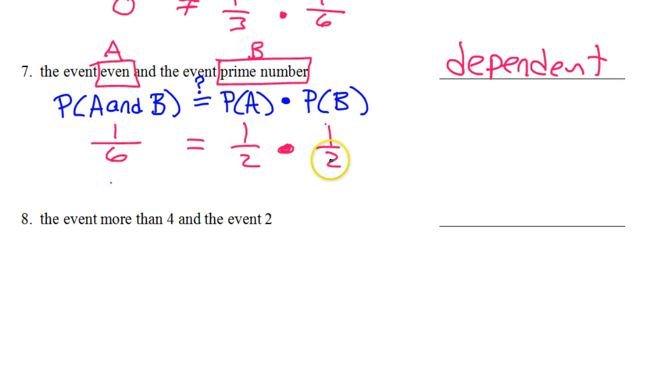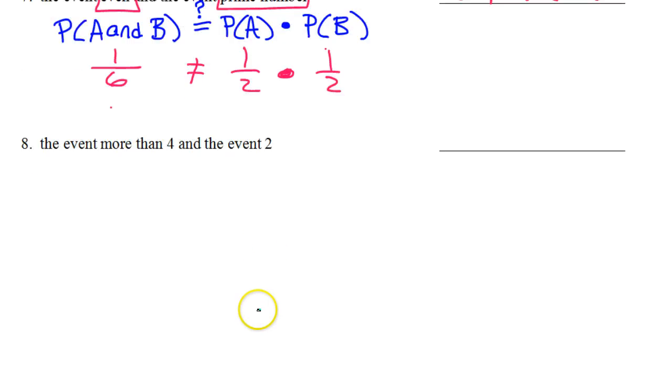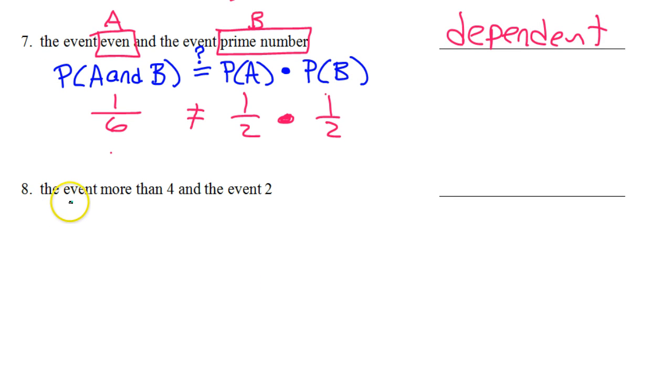Alright, because 1/2 times 1/2 is 1/4, not 1/6. Okay, so those events are dependent. Change that equal sign to a not equal sign to emphasize that the formula did not work. Dependent. Alright, looks like we have one more of these.